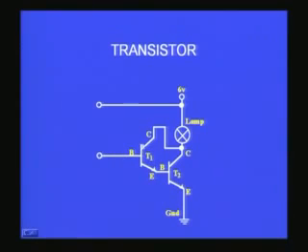Here we take one transistor, connect the emitter of the transistor to the base of the next transistor, and use the emitter of the next transistor as the regular emitter of the overall transistor, and the base of the first transistor is the base of the combination, and the 2 collectors are connected together, as you can see, and this becomes the collector.